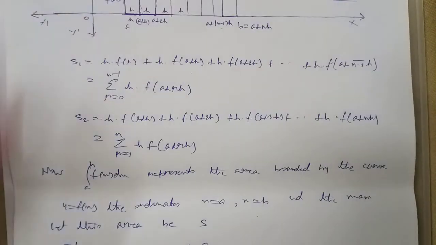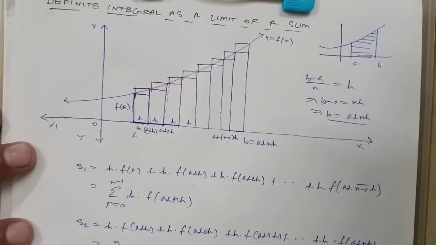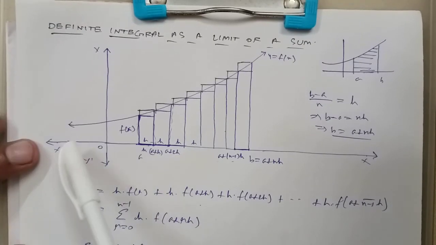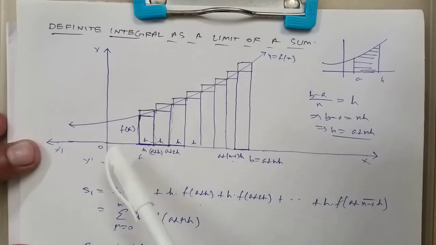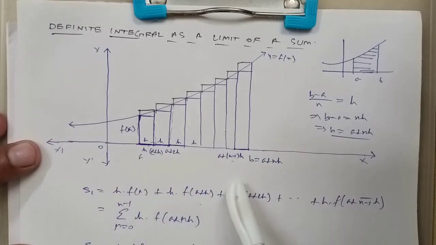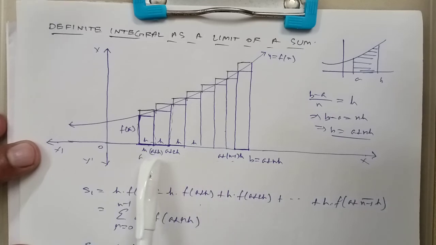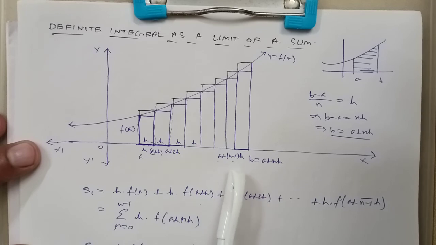Let us discuss it again because this is initially slightly tough. Suppose this is our curve y equals f(x). These are our ordinates x equals a and x equals b. This interval a to b is divided into n equal parts, each of length h unit, by the points a plus h, a plus 2h, a plus 3h, and so on, up to a plus n minus 1 into h.